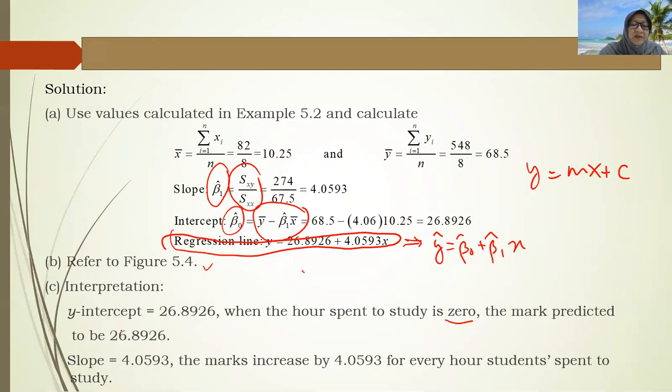And the slope, 4.0593, what does it represent? It tells us the marks increase by about 4 points for every hour the student spends studying. For example, 2 hours means about 8 more marks. That is the interpretation of the regression coefficient, or the slope.